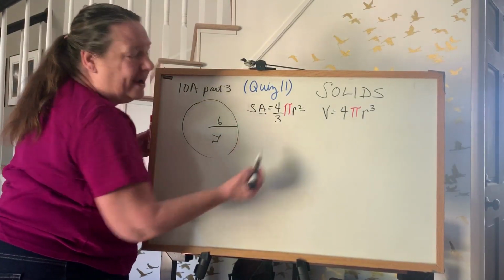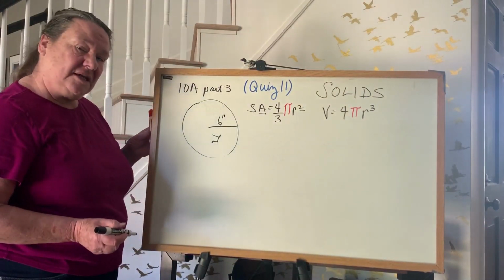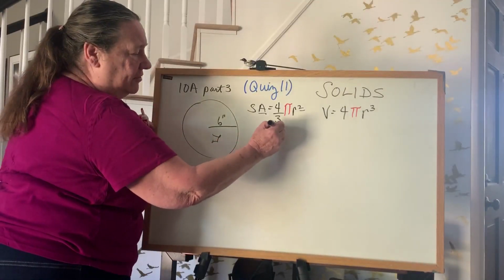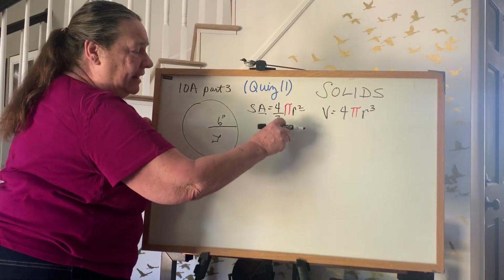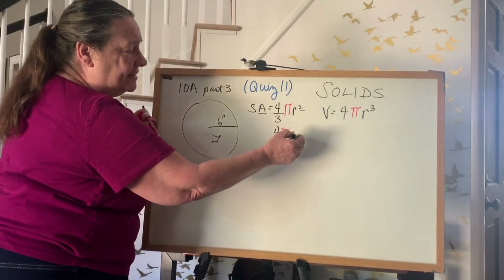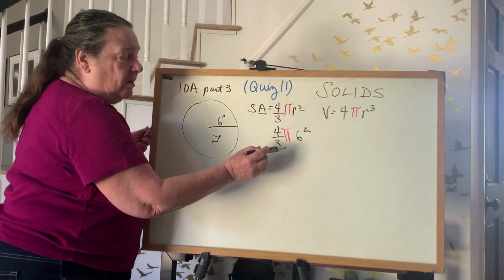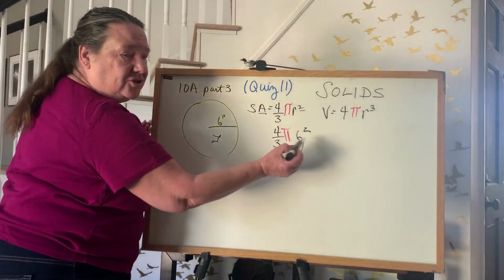Area squared, remember? So we'll pretend that this is 6 inches. So we're going to go 4/3. The pi, remember we were going to leave that alone. R is 6 squared. Now, remember, leave the pi alone and do just the two numbers.